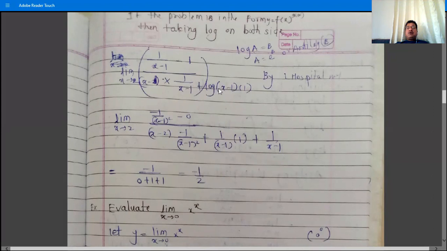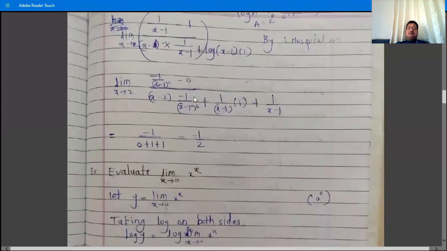Plus this plus sign, log x minus 1, derivative 1 by x minus 1 into 1. These two terms are the derivative of x minus 2 into 1 by x minus 1, and then plus log x minus 1 with derivative 1 by x minus 1. These are the three quantities, and then substitute x as 2.